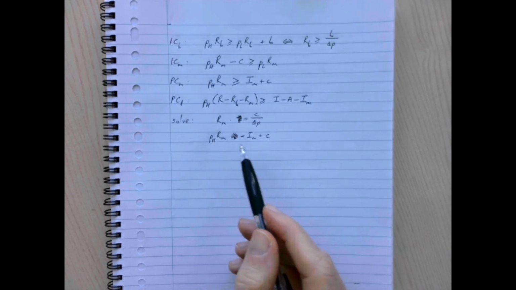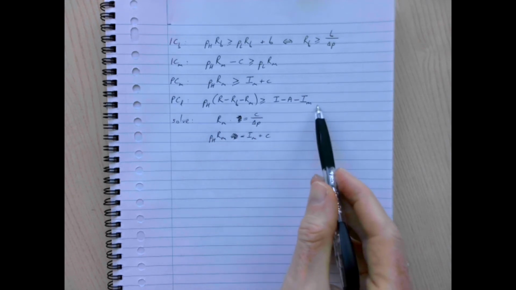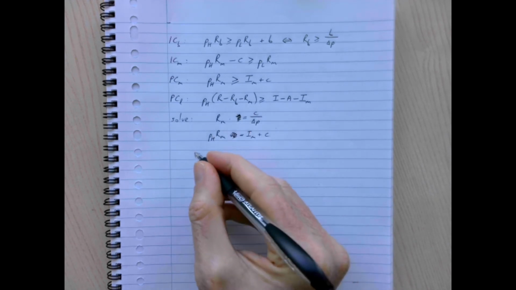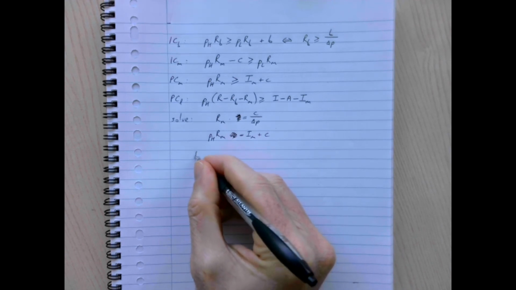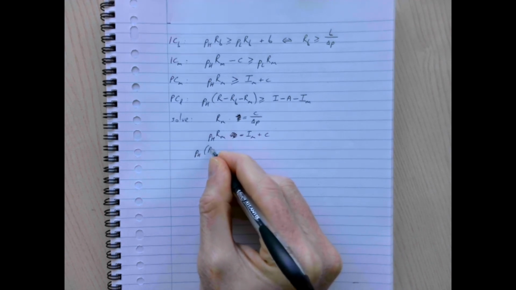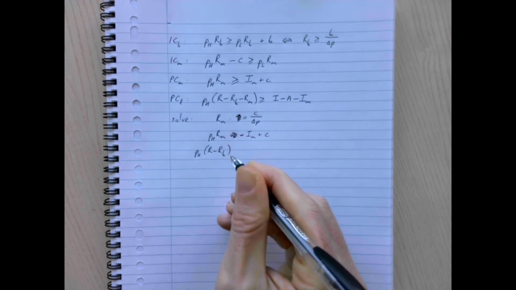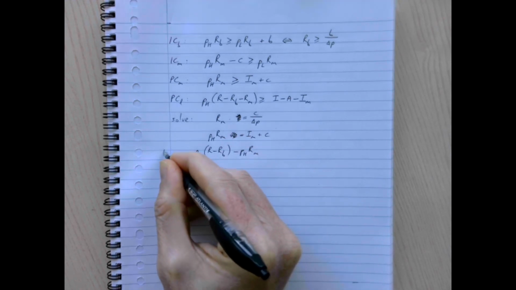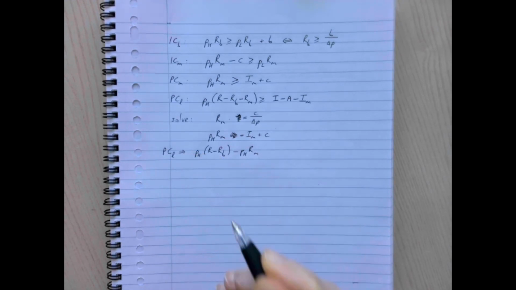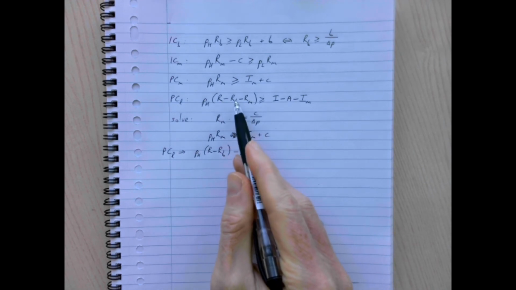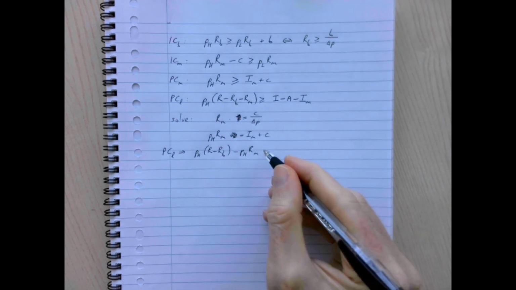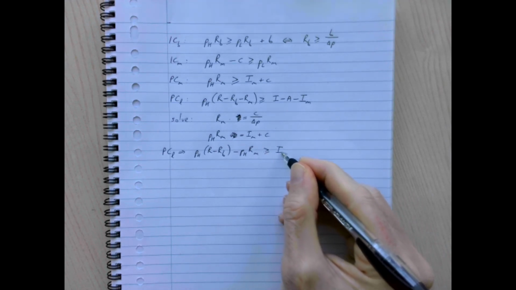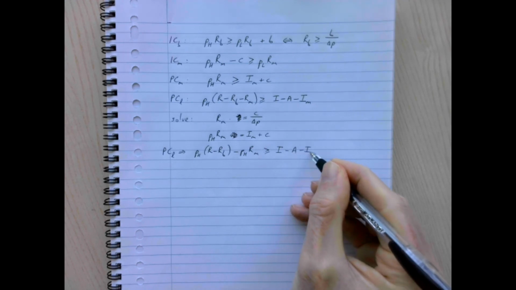So now that we know RM and we know IM, we can plug that into the participation constraint for the lenders, which then simplifies to, of course, pH times R minus RB. Let me first write it like this. So the participation constraint for the lenders leads to, I didn't do anything, I just wrote the brackets a little bit differently. It's going to be bigger than or equal to I minus A minus IM.